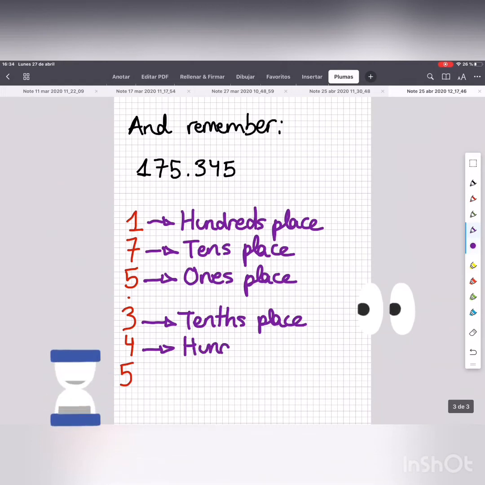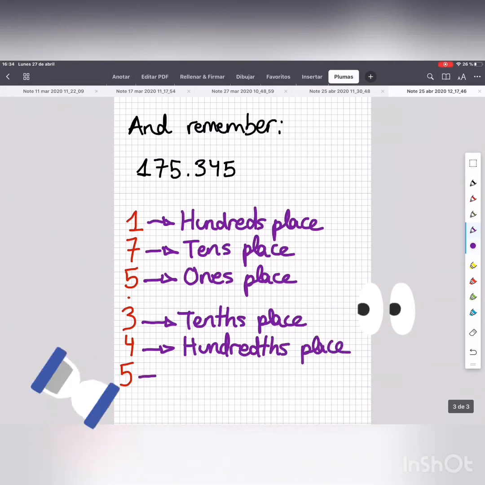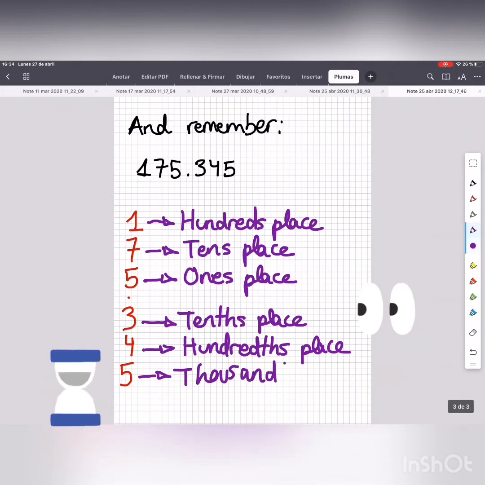The 4 is in the hundredths place. And finally, the 5 is in the thousandths place.